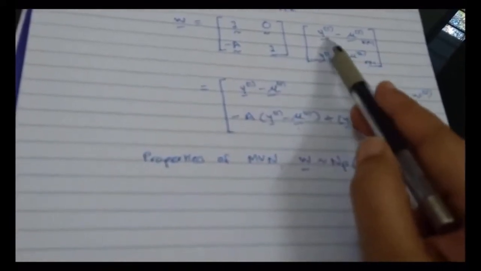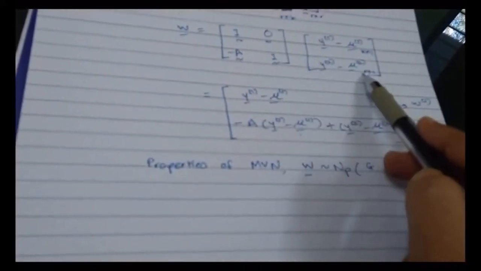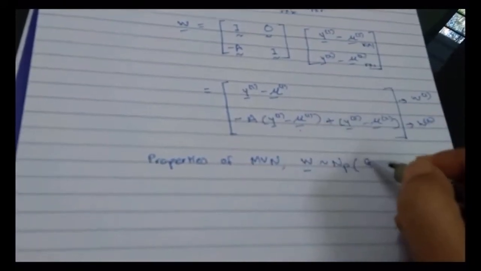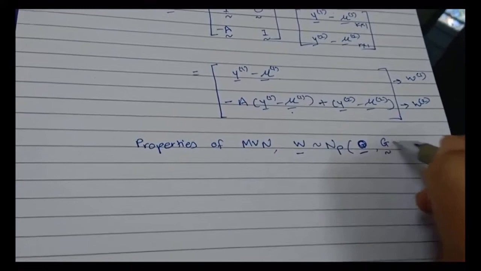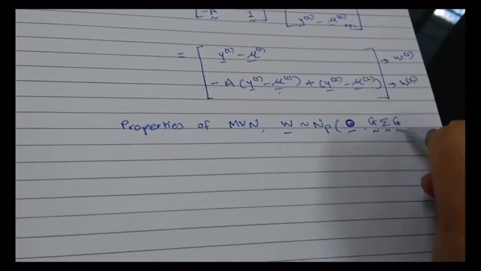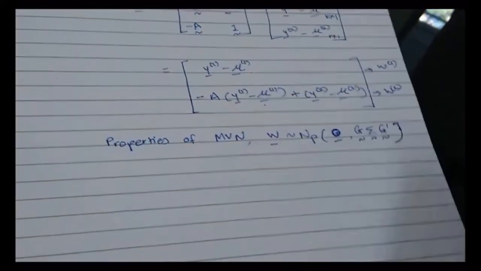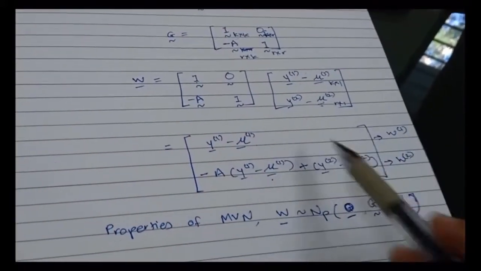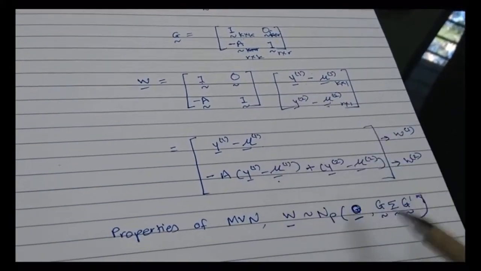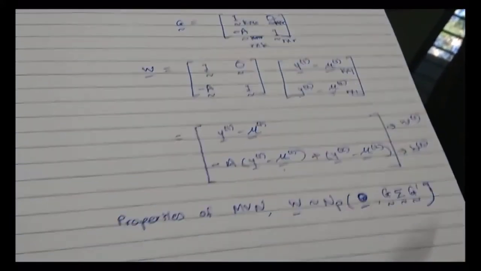So the mean of this is y1 minus mu1, y2 minus mu2, means the mean of this is 0. So the mean is actually a 0 vector, and the variance covariance will be G sigma G prime. Okay, because my variance is not going to get affected by these shifts of origin, my variance would simply be the variance of y. So I have G sigma G prime.